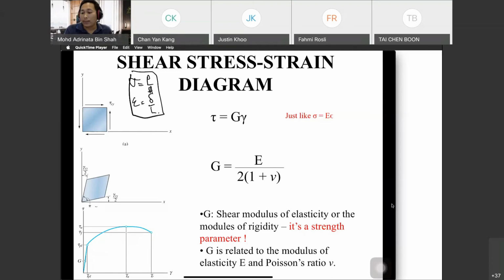From the stress strain diagram, we get our modulus of elasticity in the elastic region.